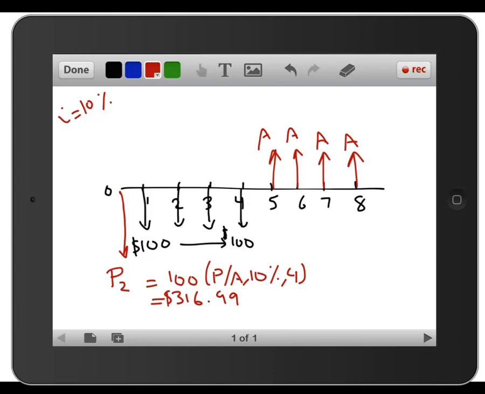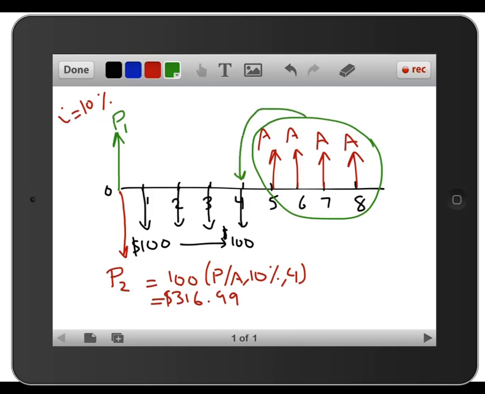Now we need to bring the group of withdrawals A back to time 0. So I need to find P1. To do that, first of all, I need to bring all these values to year 4, as we used to. Always we get it back to the year before these payments.